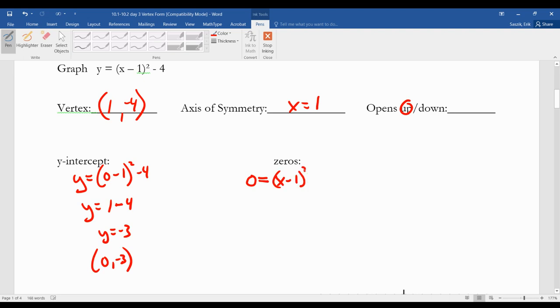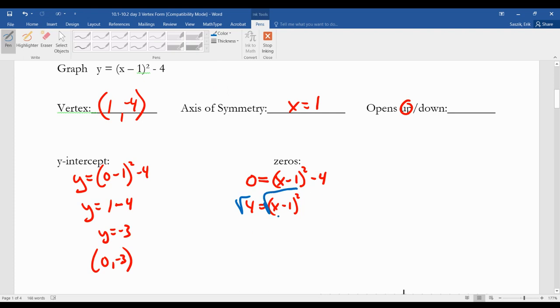But we now have a different solving process. We've done this before. We didn't emphasize it. You see, we want to get this set of parentheses by itself. So we're going to move the 4 over by adding it to both sides. And now to get rid of the square, we're going to take the square root of both sides.